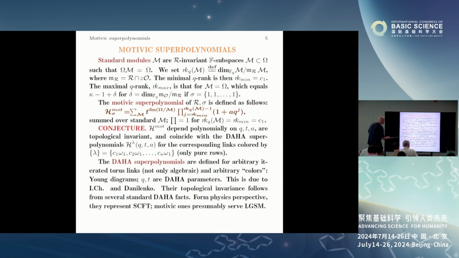The colors must be exactly C1 times omega 1. Only pure rows are allowed, as many as you wish. So think about some link, and each and every component is colored by C1 omega 1, C2 omega 2. Only this kind of colors is allowed.